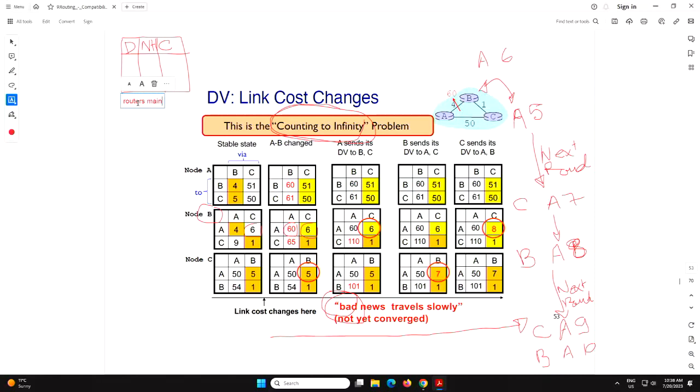So the routers maintain 3 columns, right? So when you exchange 2 columns, destination and the cost.